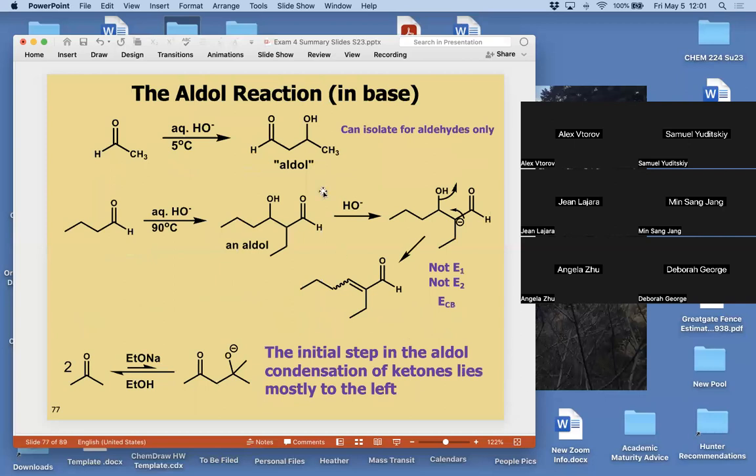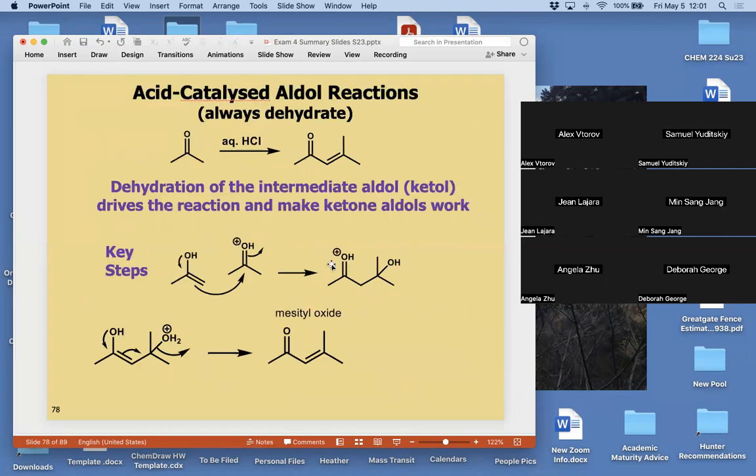Okay, so under base conditions, you can get the aldol, but you can't with a ketone. A ketol isn't stable enough. You have to dehydrate it to get the enone. And the easiest way to do that is under acid anyway.